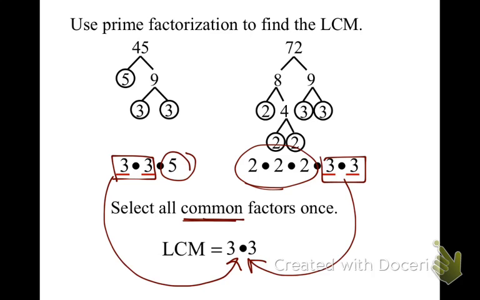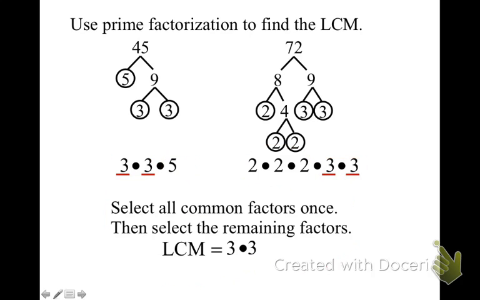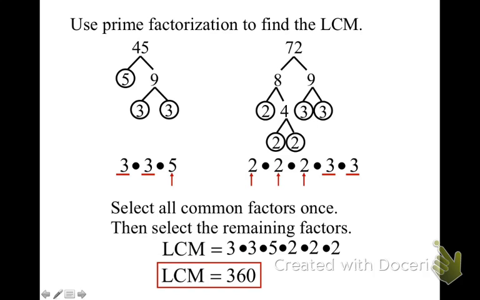So what do I do with my leftovers? Then you select your remaining factors. So what's left over? I have my 5, so my 5 goes in my answer. I have a 2, 2 goes in my answer, the other 2, and one more 2, and then I multiply it all together, and what's my answer? I get 360.